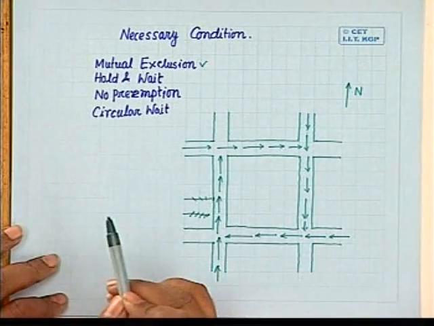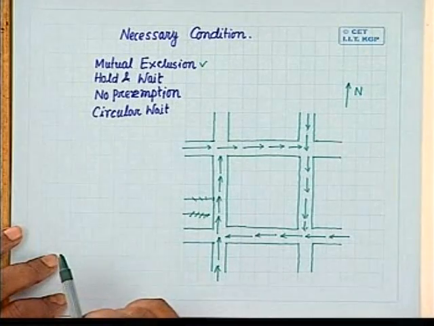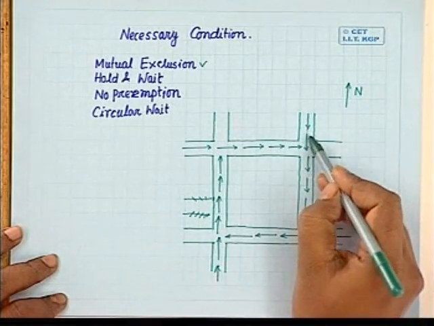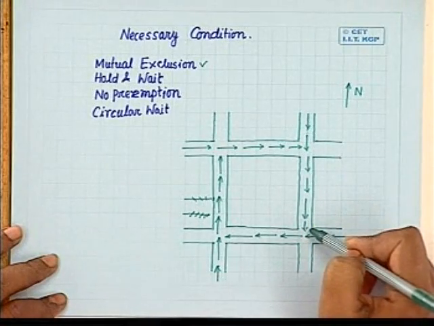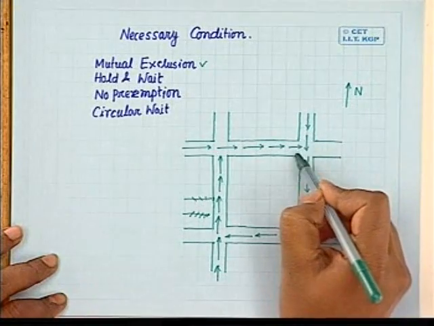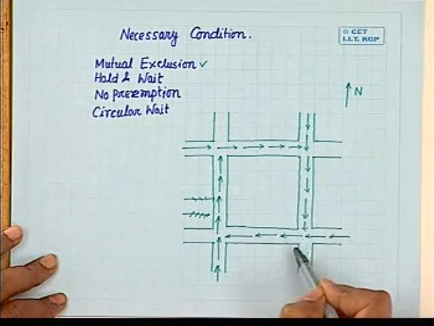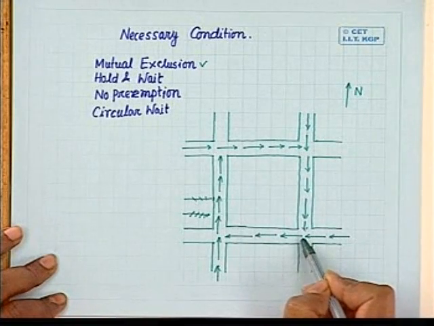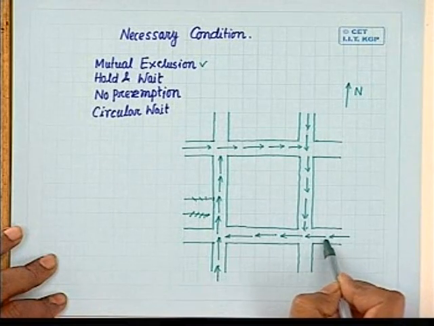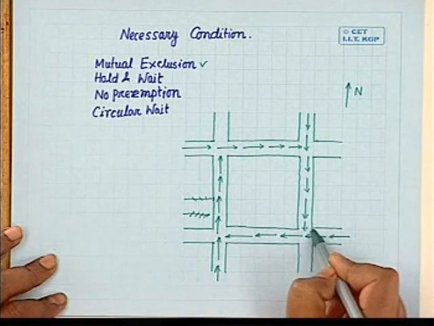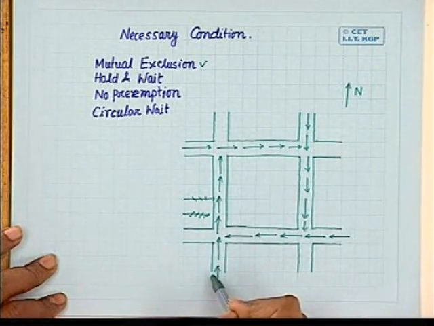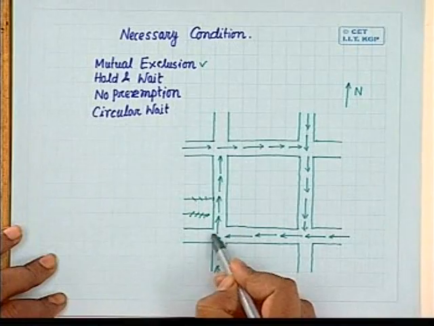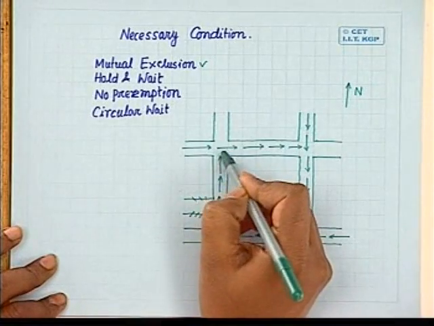Whether the next condition, that is hold and wait, is also true. You find that if I consider traffic in any direction, suppose the traffic moving in the south direction, this is holding this junction and waiting for this junction to be free. Similarly, the traffic moving in the west direction is holding this junction and waiting for this junction to be free. Traffic moving in this direction is holding this junction, waiting for this junction to be free.